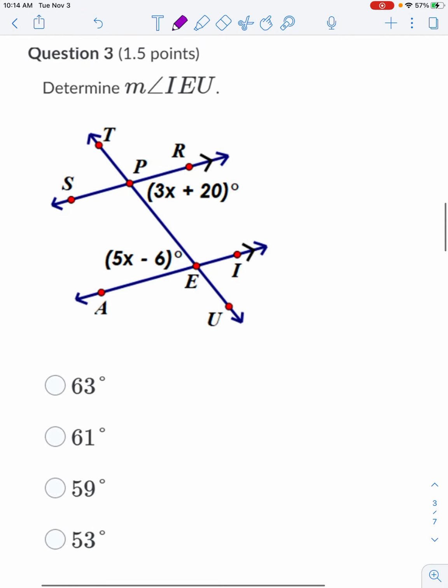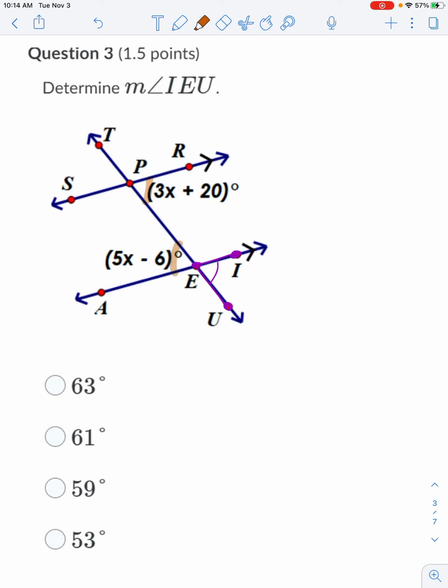In question 3, it says determine the measure of angle IEU. IEU is right here, but we don't have any information about that angle yet. So we're going to have to use what we have in order to find this angle. So far what we have, I've got this angle right here and this one right here.